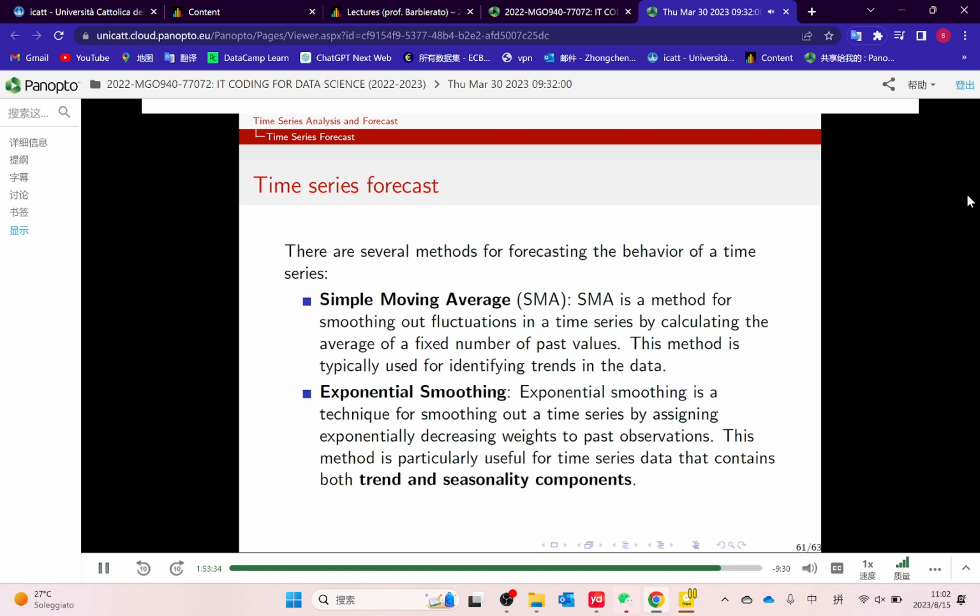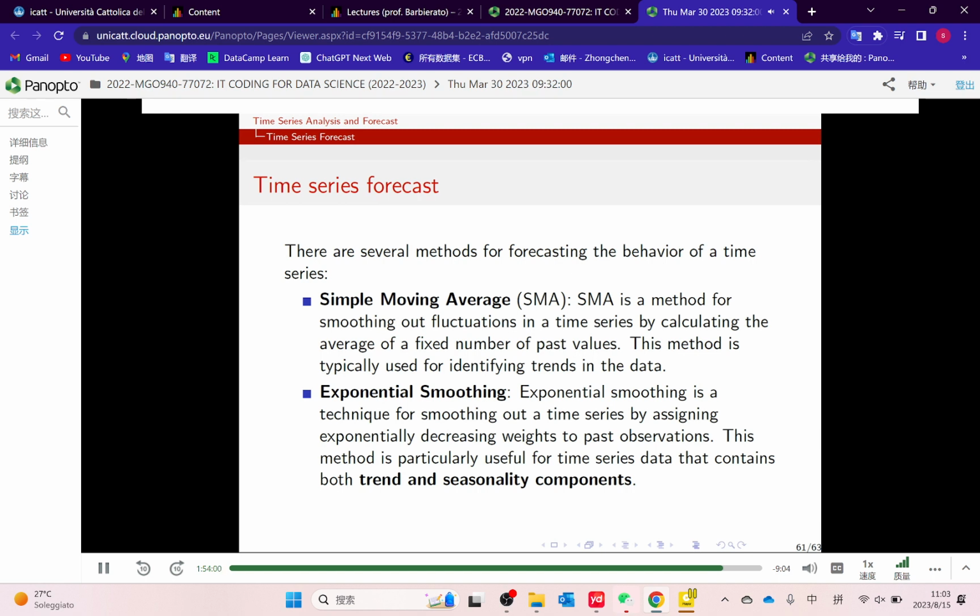You define your span, which is like a slider you apply to your time series, you calculate the average, and you replace your time series with this second time series. Why is it a predictor? Because the moving average will reveal, or should reveal, the trend, and the trend will give you an idea about the future behavior of your time series.